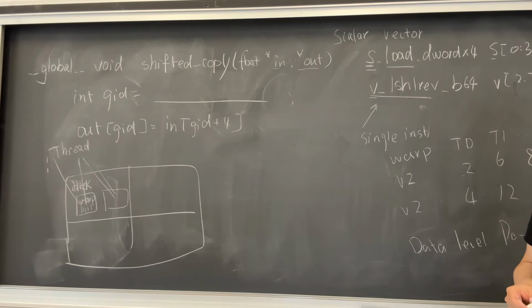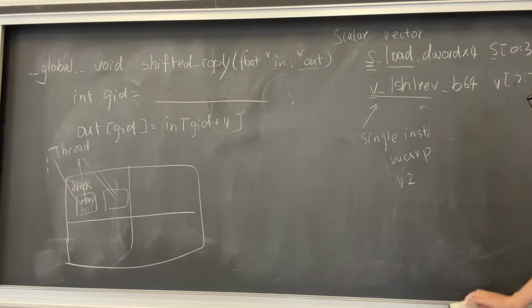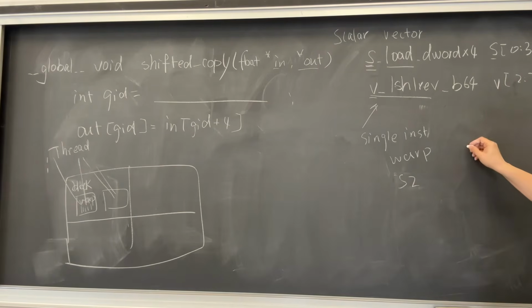Here we say, within a warp, for S2, T1, you are storing value 2, T2, you are also storing value 2, and they're all value 2. They must store the same value. And actually, in hardware, there's only one register there. So it's a shared register space that everyone can use.